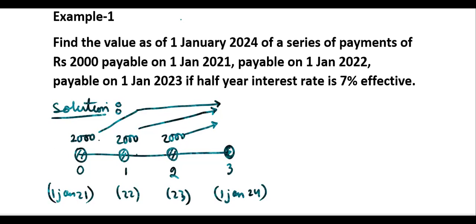And if you see, the payments are due, so you have to write 2000 S3 due, this one.